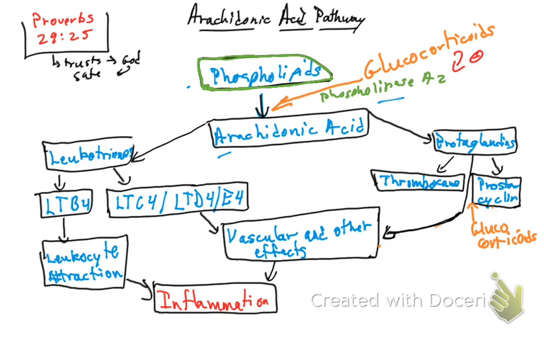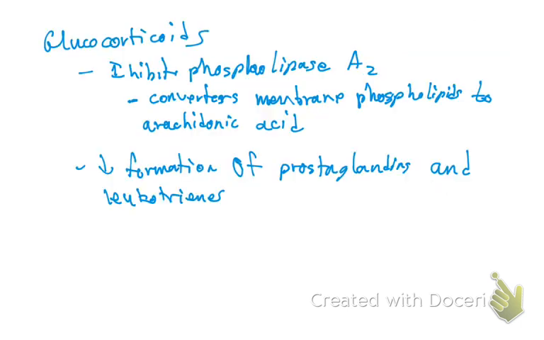So the leukotrienes are blocked and the prostaglandins are blocked. All of these induce inflammation at the end, so if you block them, the inflammation is not going to happen anymore. Got it? So basically, glucocorticoids are part of the anti-inflammatory drugs.